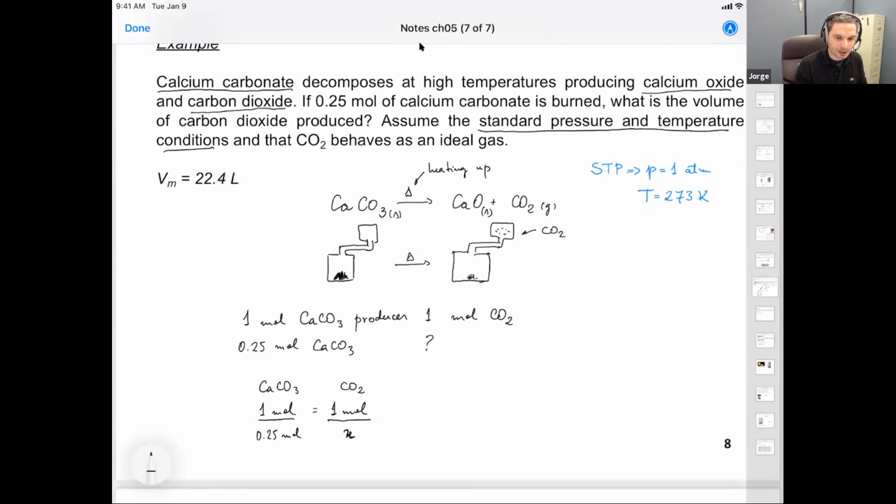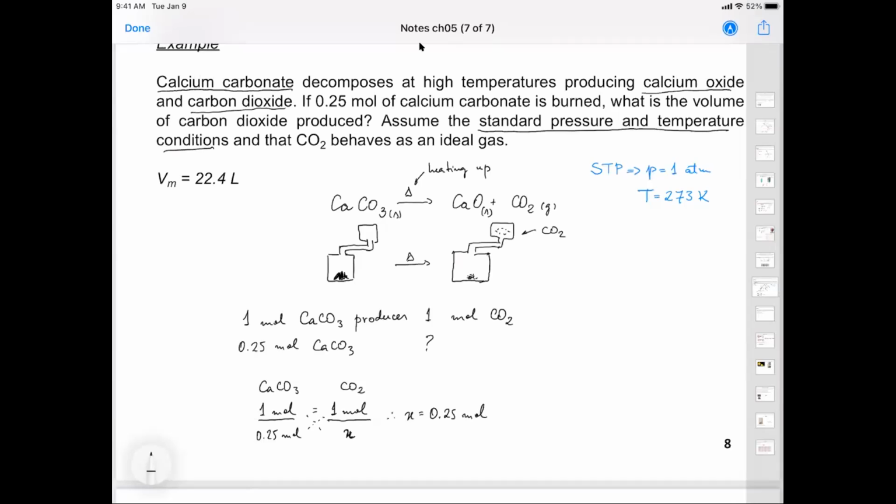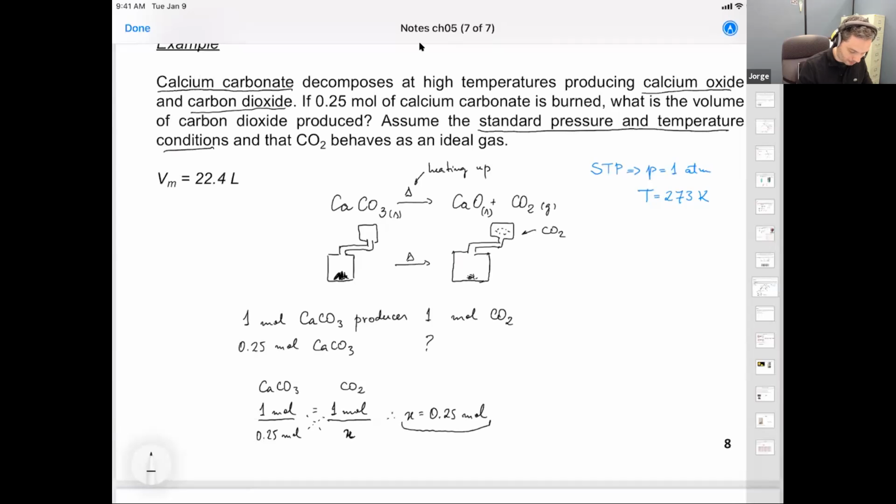This is basically a proportion. So we can do a cross multiplication, and X is going to be 0.25 mole. Okay. And what I am determining here is the number of moles of CO2 gas. Therefore, we trapped 0.25 moles of gas after the reaction.